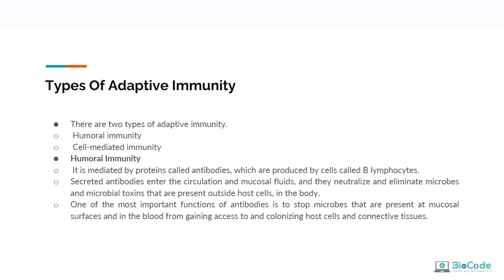One of the most important functions of antibodies is to stop microbes that are present at mucosal surfaces and in the blood. They stop them from gaining access to and colonizing host cells and connective tissues, which would ultimately cause infection.